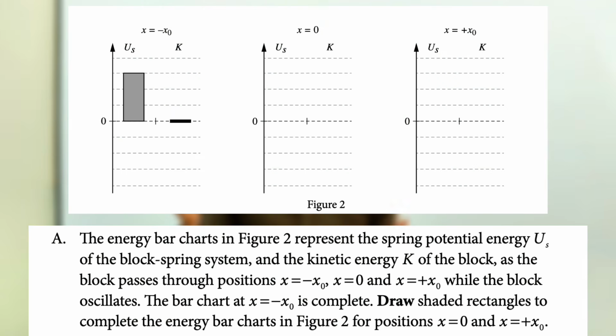The energy bar charts in figure 2 represent the spring potential energy US of the block-spring system and the kinetic energy of the block as the block passes through the positions x equals negative x0, x equals 0, x equals positive x0, while the block oscillates. The bar chart at x equals negative x0 is complete.